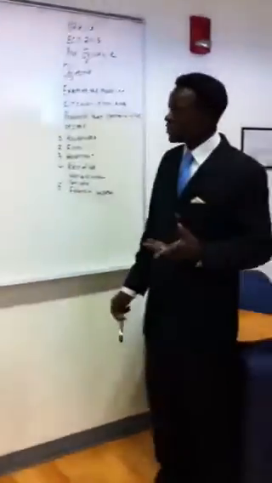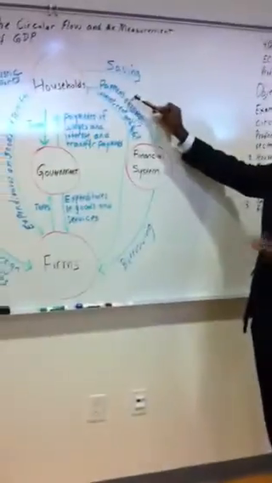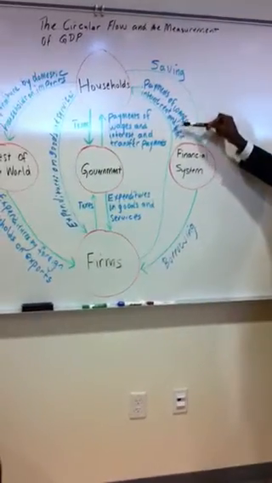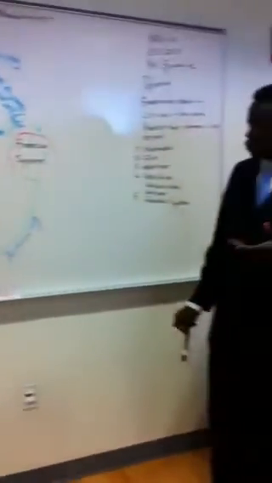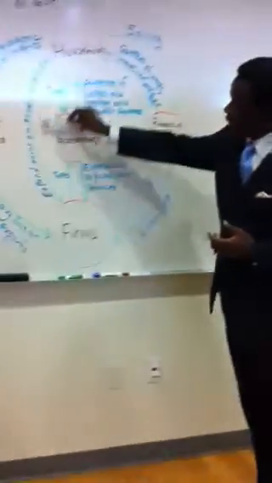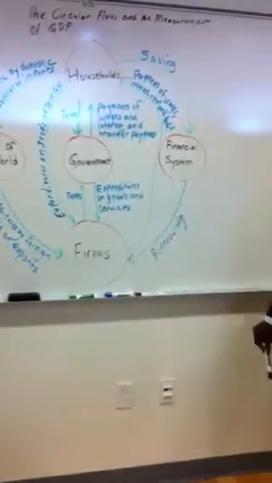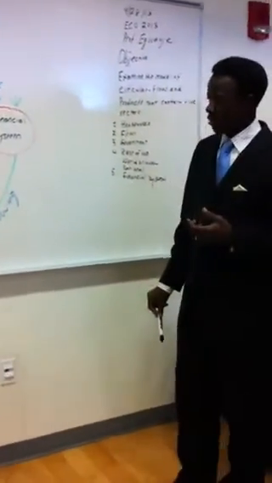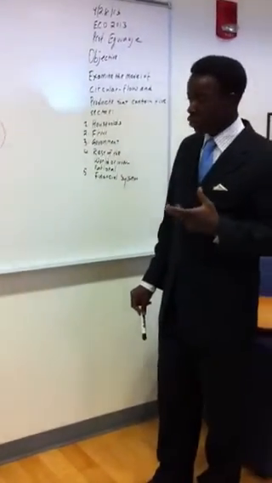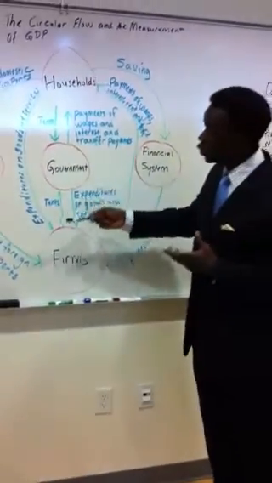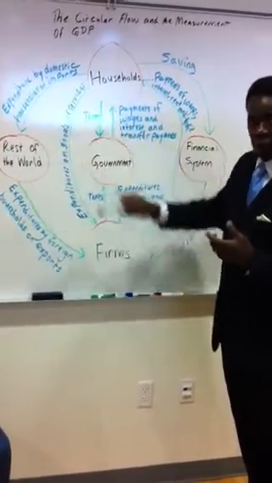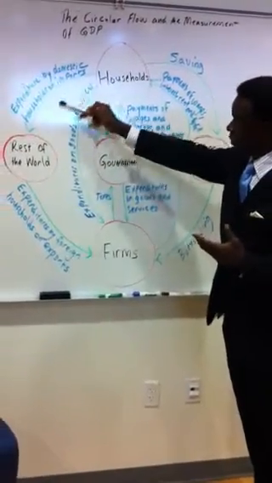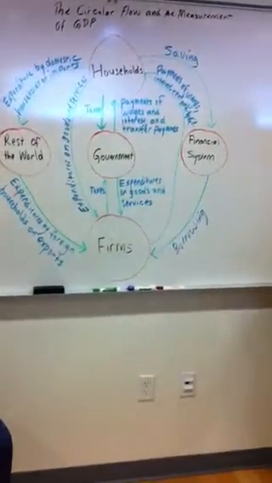Now, households do receive income in the form of wages, interest, rent, and profit from firms. Some of that income households spend on goods produced by domestic firms, and some of that income households spend on goods produced by the rest of the world or by foreign firms, which is expenditure by domestic households on imports.